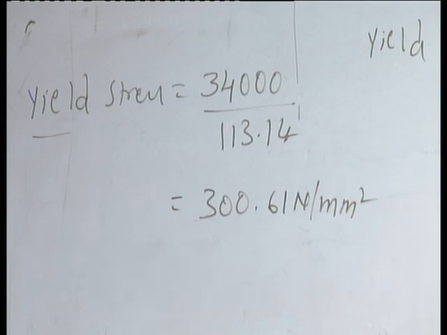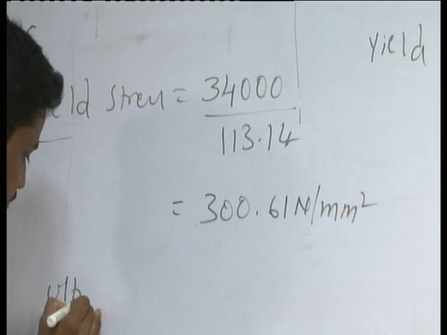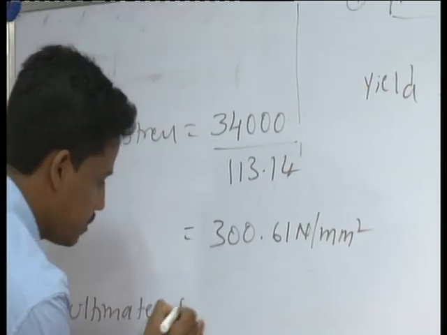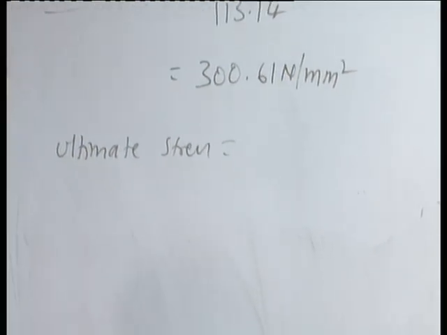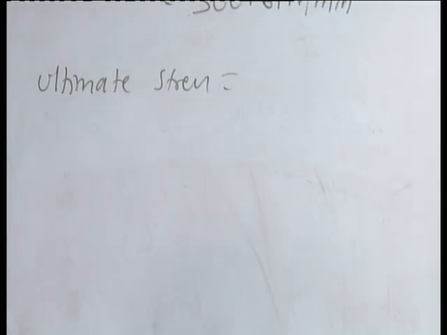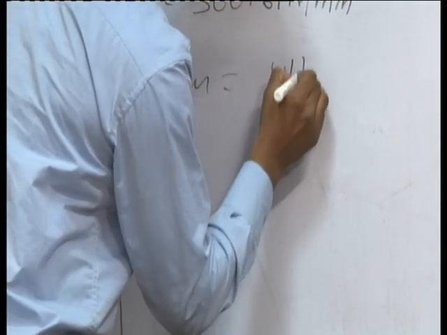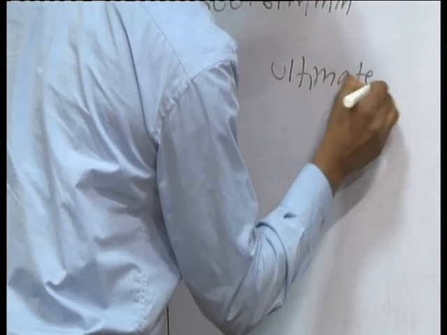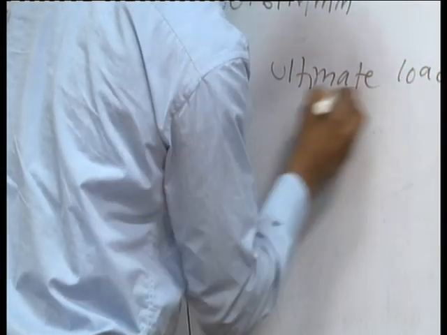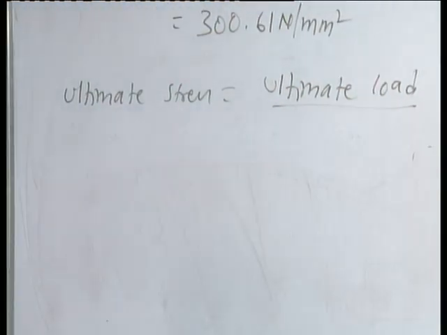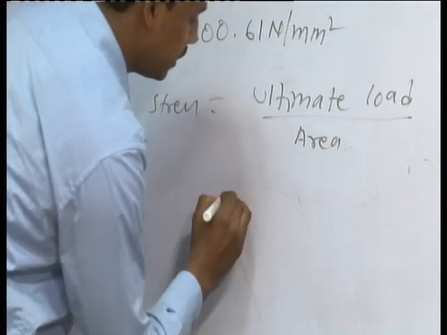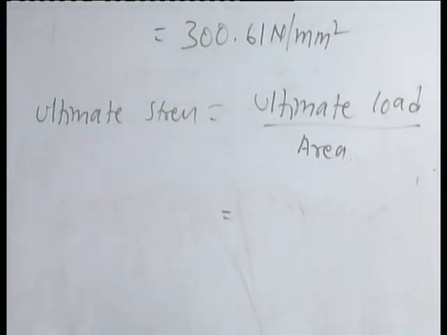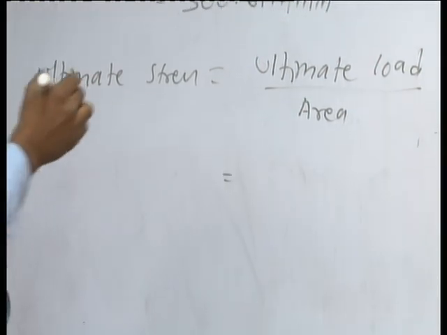Then we have to calculate the ultimate stress. We know that ultimate stress is nothing but the stress corresponding to the ultimate load. Ultimate stress is equal to ultimate load divided by area. Here the ultimate load is given as 61 kilonewton.